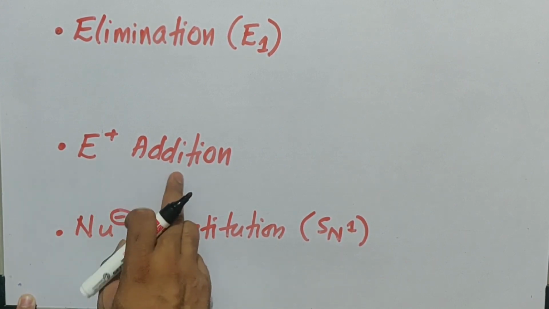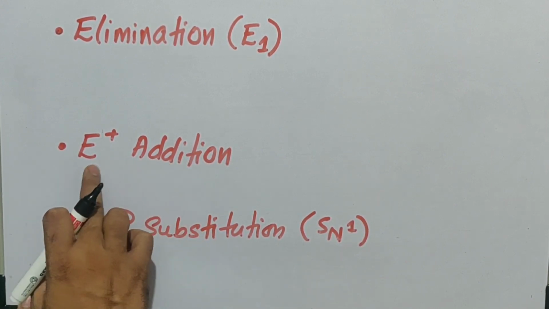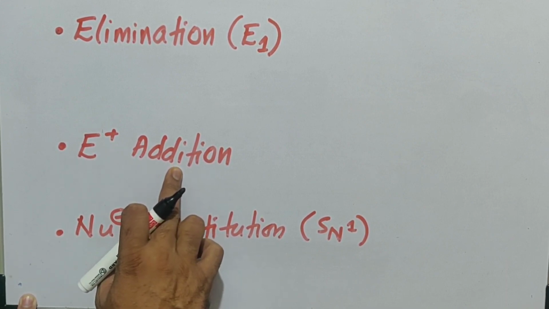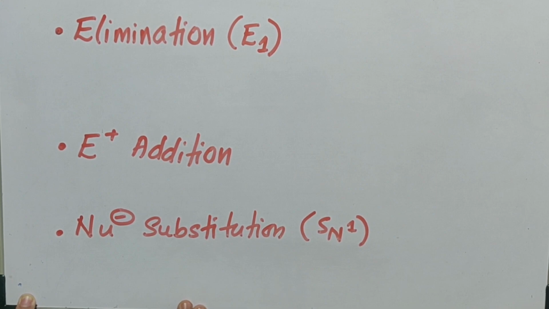Then E+ addition, meaning electrophilic addition, also has carbocation as the reaction intermediate. And nucleophilic substitution has 2 types, first SN1 and then SN2. In SN1 reactions, the intermediates are carbocations.